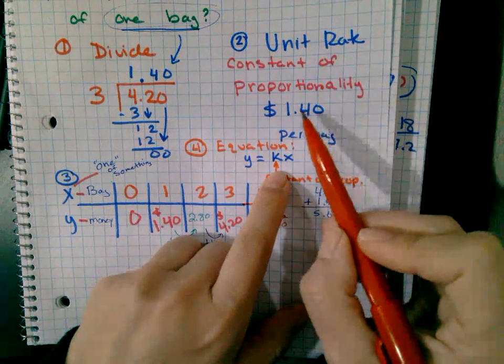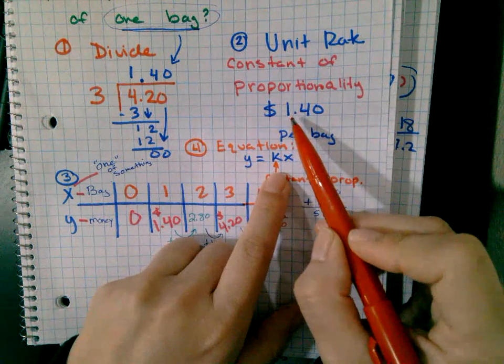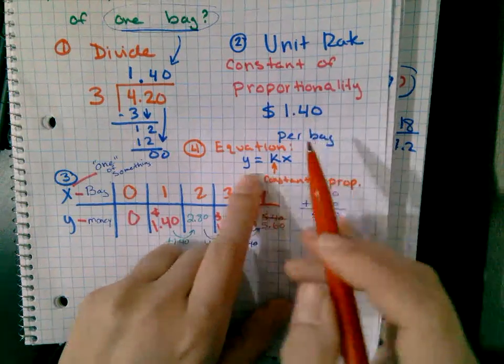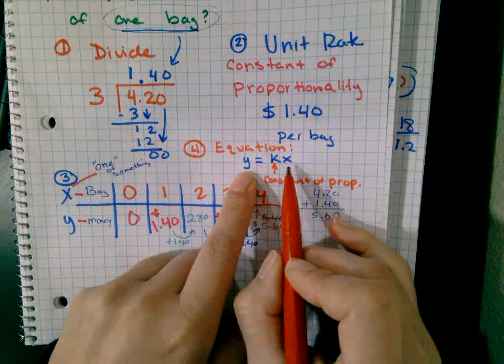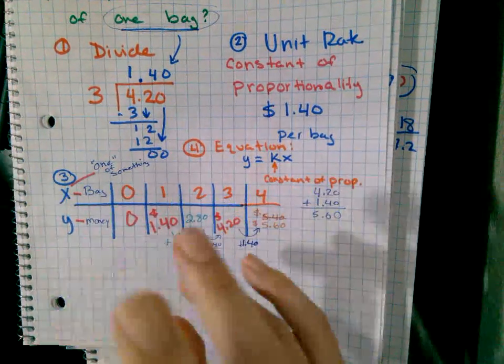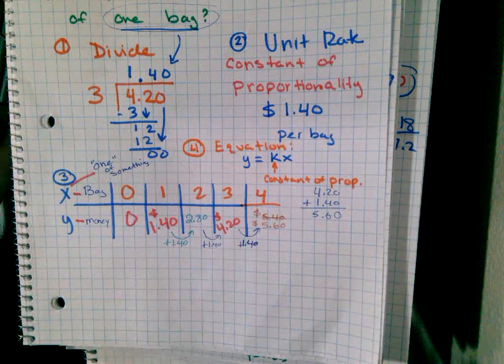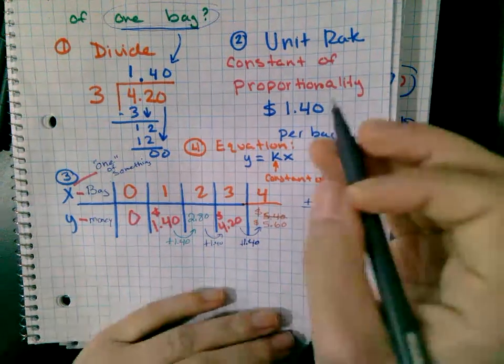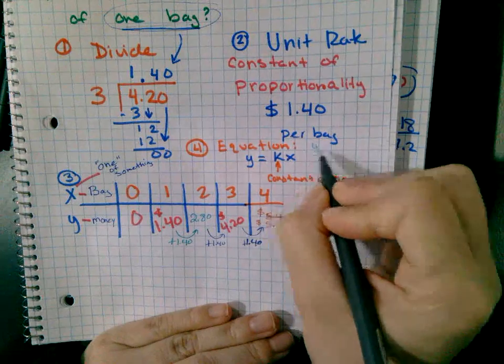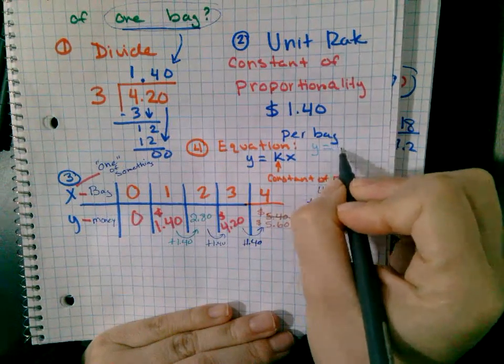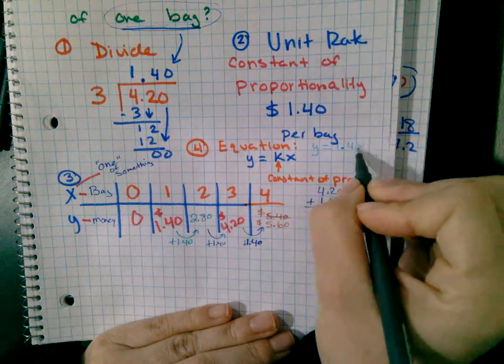So in this problem, my constant of proportionality was 1.4. Y and x, you don't do anything to them right now. So your equation for this problem is y equals 1.4x.